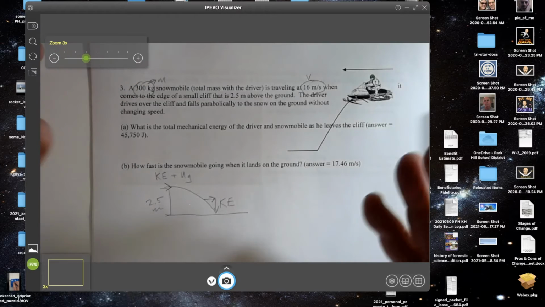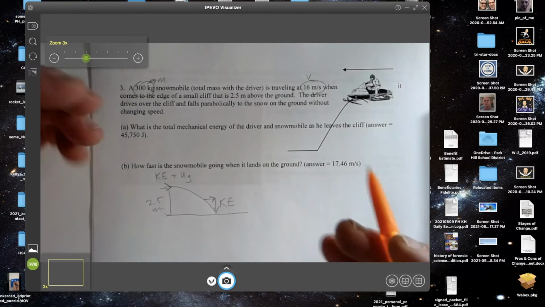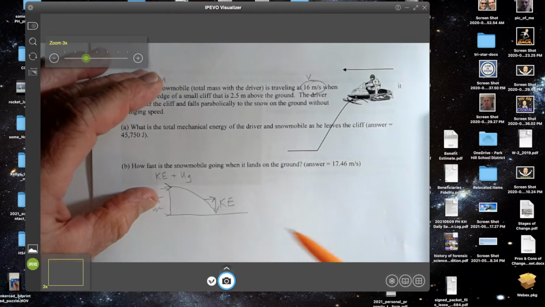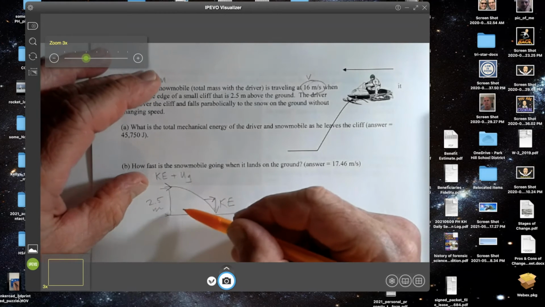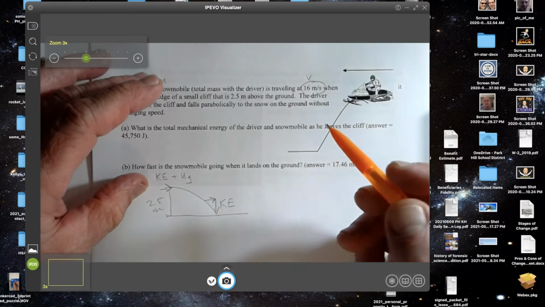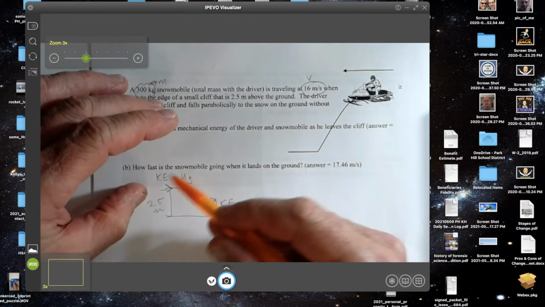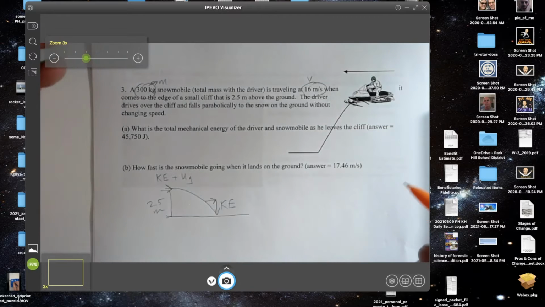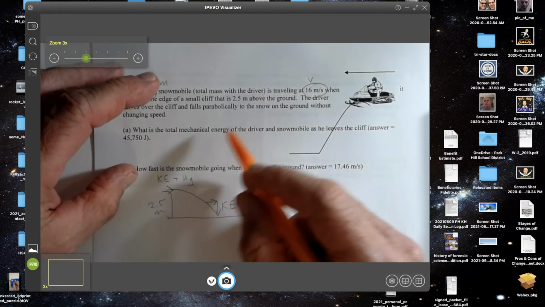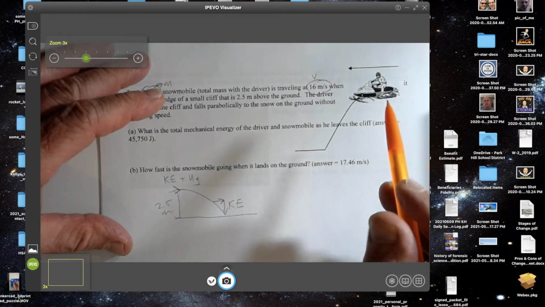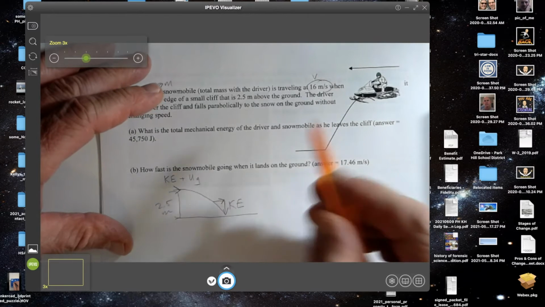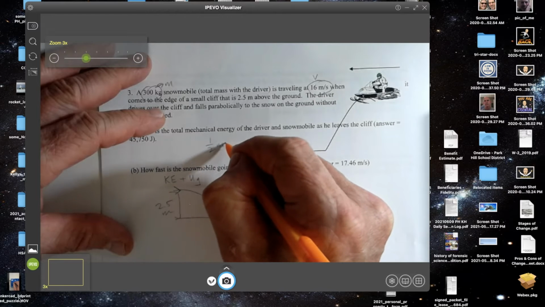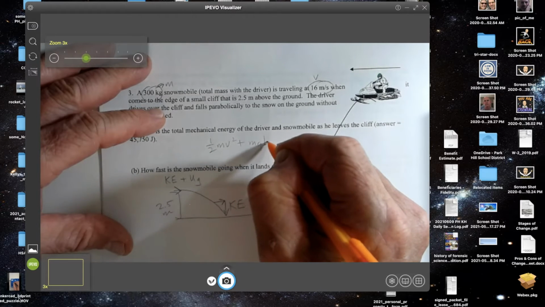Again, there are different ways you can explain this idea. You can talk about the snowmobile in free fall, and something in free fall, as it moves down, gets faster and faster. We can talk about the same trajectory, though, with energy conservation. So the total mechanical energy as he leaves the cliff is going to be our KE and mgh, 1/2 mv squared plus mgh.